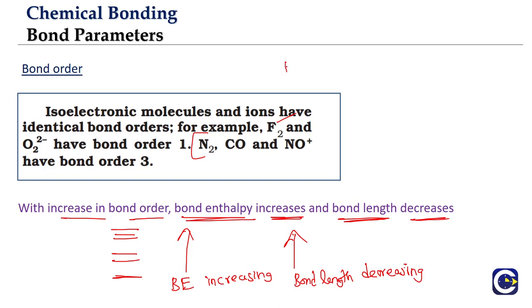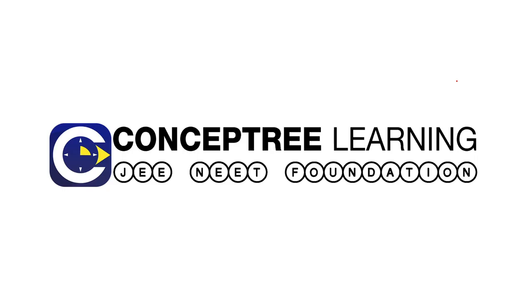As the bond order increases, bond enthalpy or bond energy will be increasing. What about the bond length? Bond length will be decreasing. Okay, so this will help us in doing some numerical questions or the application based questions when it comes to the comparison or the correlation between the bond order, bond enthalpy and then bond length. Okay, so this is about the parameters of the covalent bond.